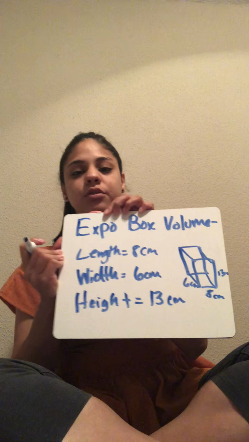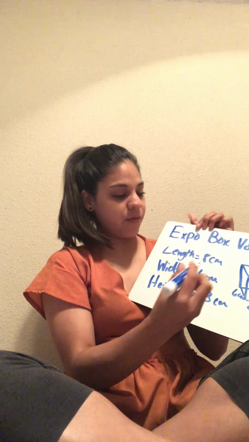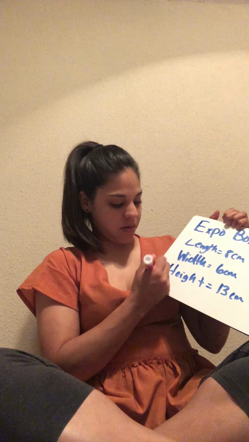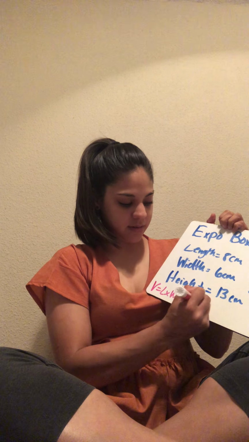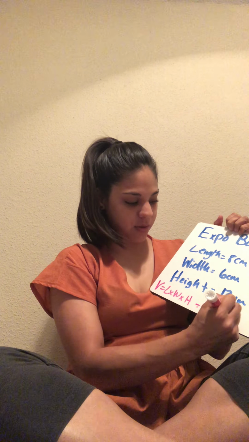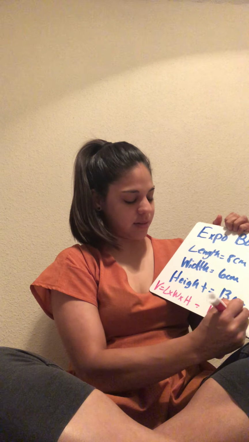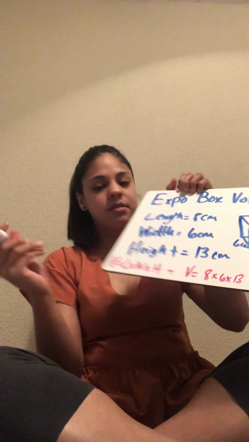So now what I have to do is, according to my formula, I need to multiply. Volume equals length times width times height, which equals 8 times 6 times 13.